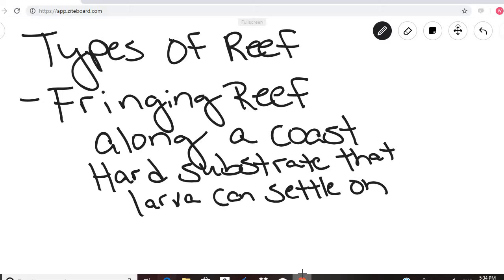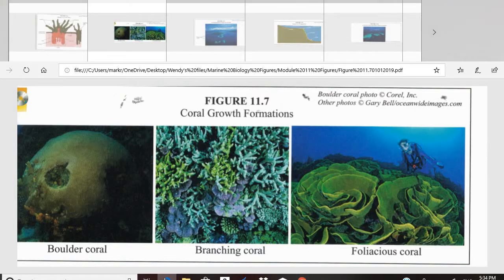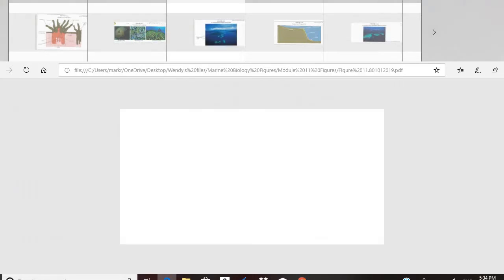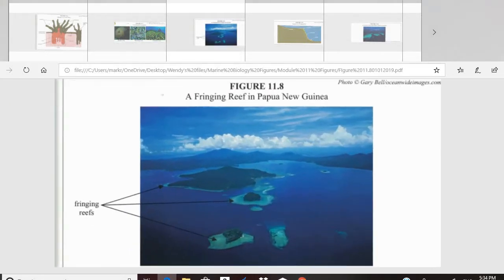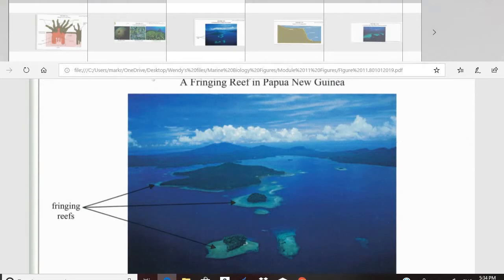And also, because they're near the shore, they can also be affected by sediment and by runoff. So let me show you a picture. Here's a picture of a fringing reef, this one is in Papua New Guinea.